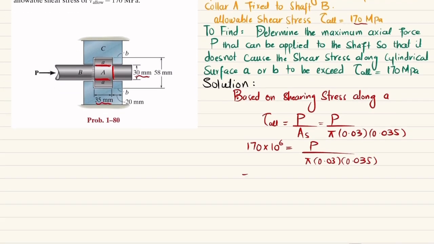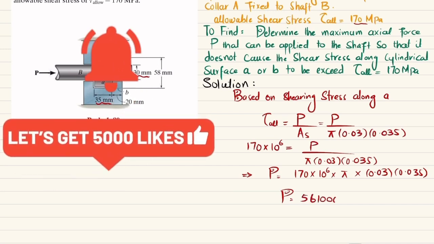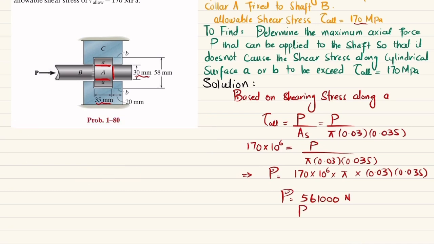So from here, P will be equal to 170 multiplied by 10 to the power 6 multiplied by pi multiplied by 0.03 multiplied by 0.035, clear? And when you calculate it, you will get P equal to 561,000 Newton, and in kilonewton, P will be equal to 561 kilonewton. So this P is for A. You can see this is along A.